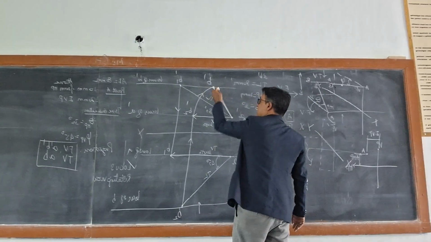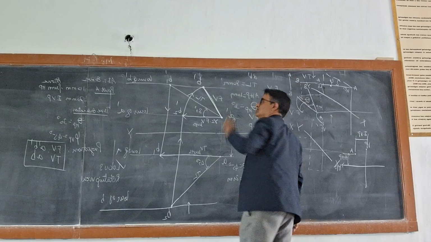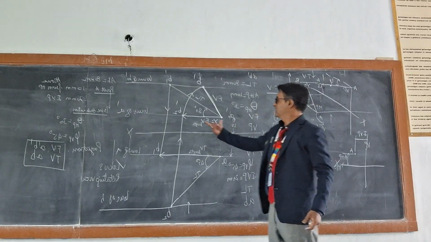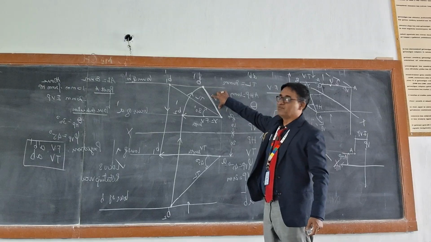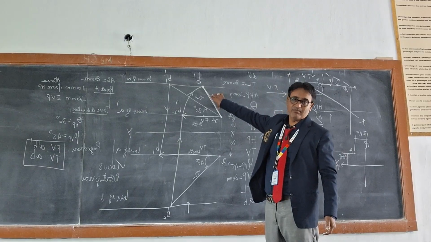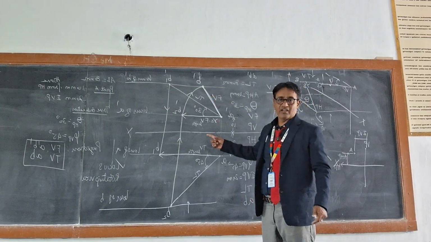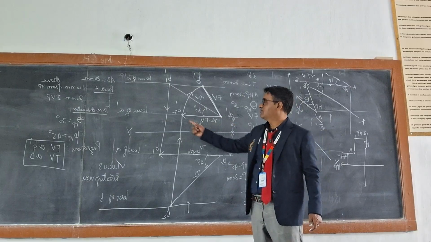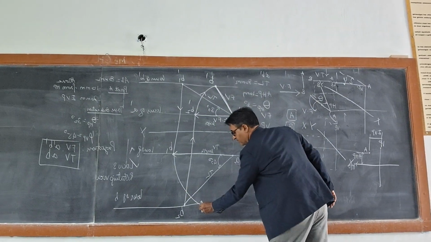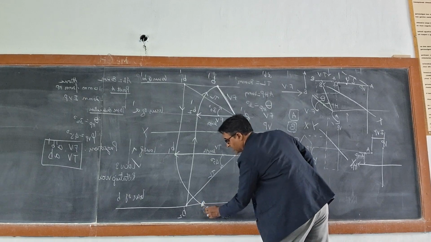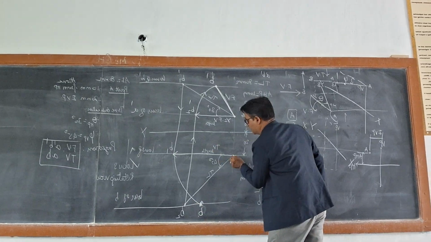This A dash B dash is nothing but your front view. Now if you check this, the front view length and the front view which is generated, both will have the same length. Now what I actually did, I have rotated this front view. Similarly, rotate this top view, you will get an intersection point, which is nothing but B. Now join this A with B.